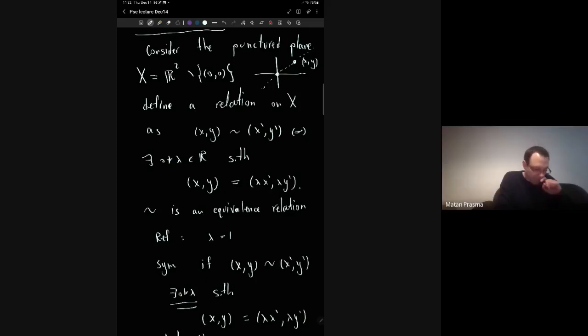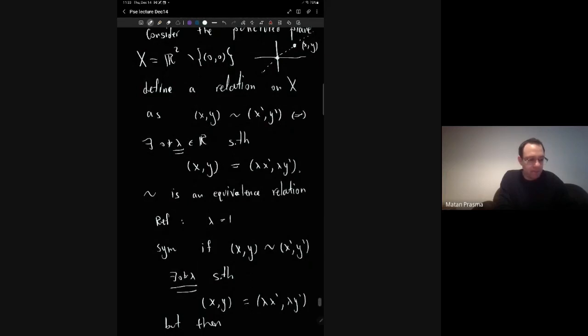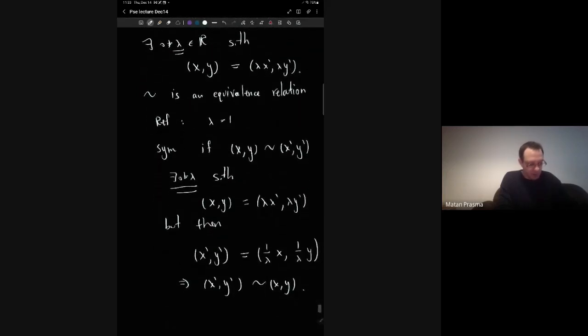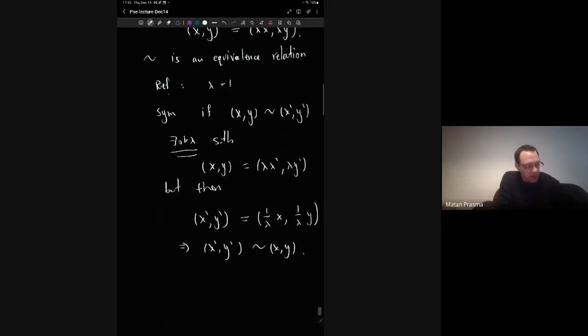Okay. But by design, I only allow 2 points to be equivalent if there is a non-zero scalar, so that one is a multiple of the other. And once it's a non-zero scalar, I can take the multiplicative inverse. Okay. Yep. So this is symmetry, and transitivity.